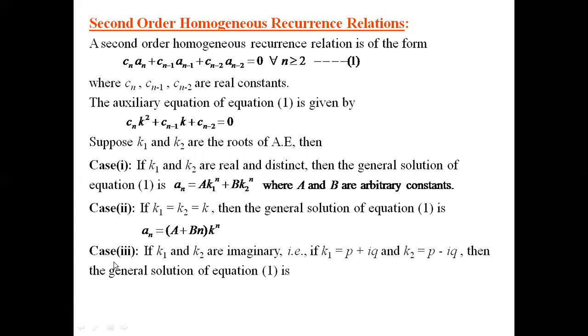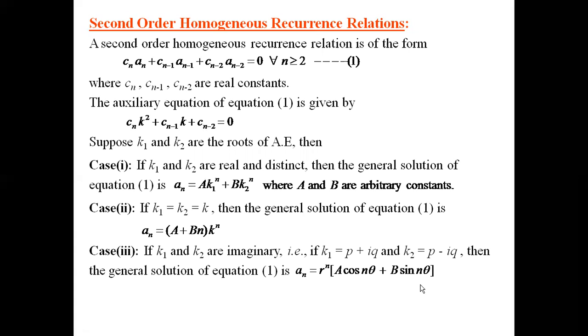And finally, one more case, we have the roots of the auxiliary equation, that is k1 and k2, whatever we obtained, are imaginary roots. That is, suppose k1 equal to p plus iq and k2 equal to p minus iq. Then the general solution of equation 1 is of the form an equal to r power n into A cos n theta plus B sin n theta.